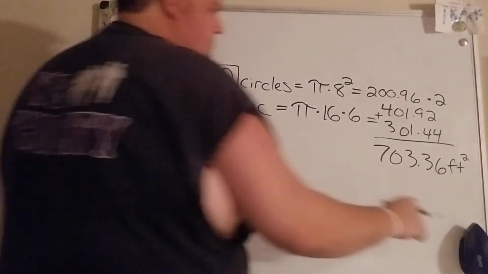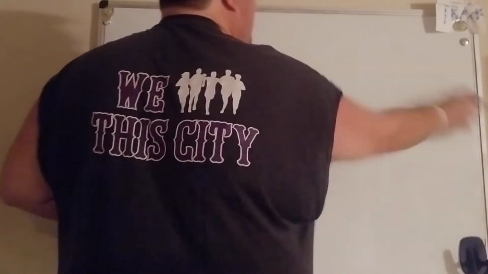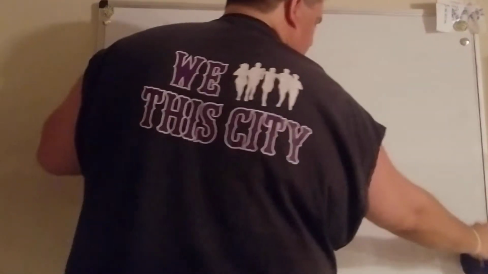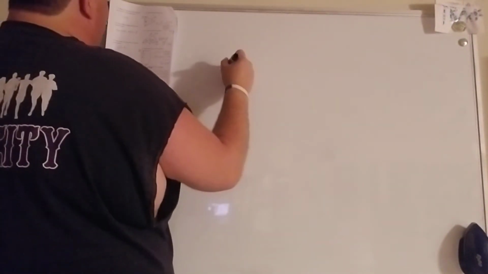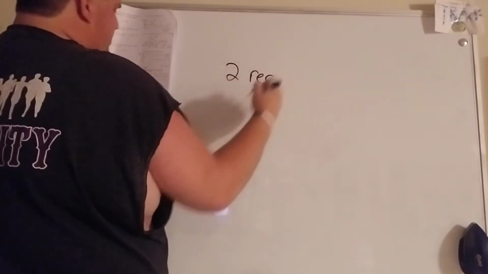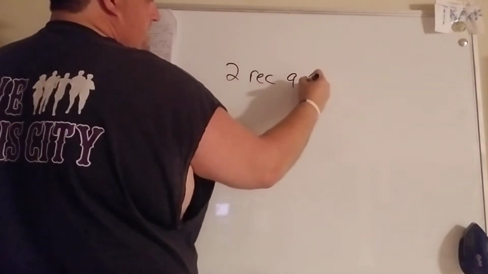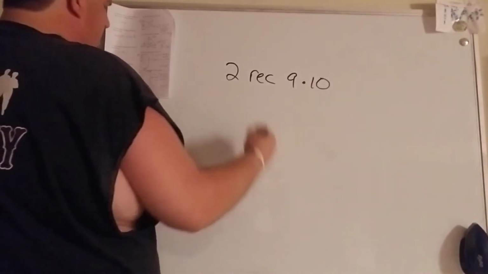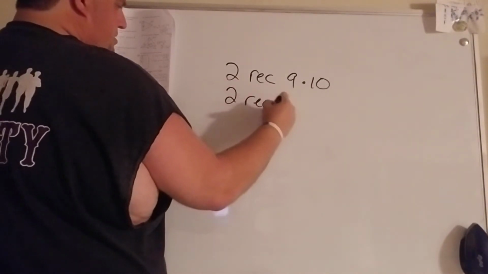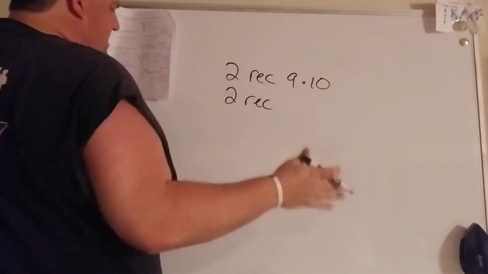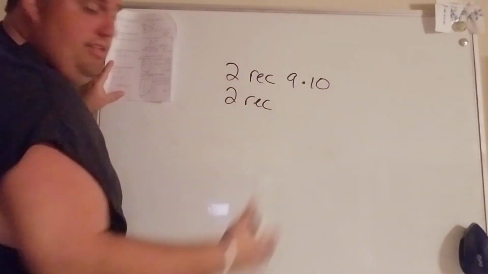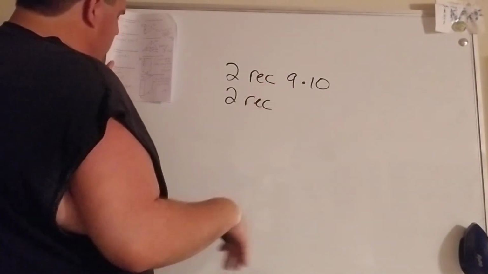Number 21 is a rectangular prism. So we're going to have a lot of rectangles here. Here's how I set mine up. I got two rectangles that are 9 by 10. The 9 by 10 is like the side, like the front of the book, I guess, maybe.